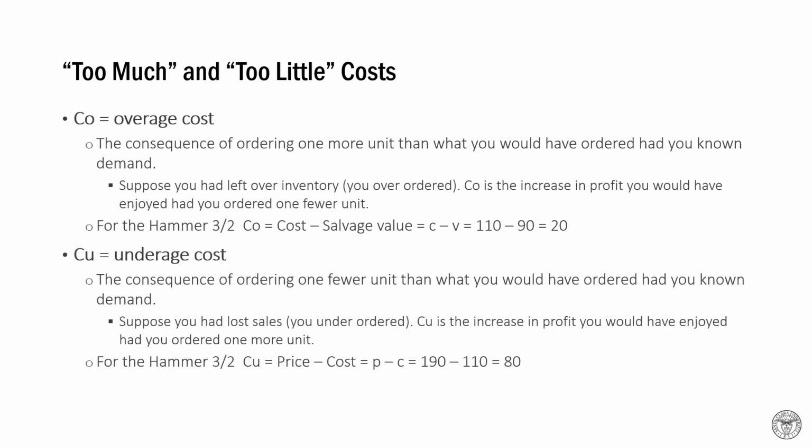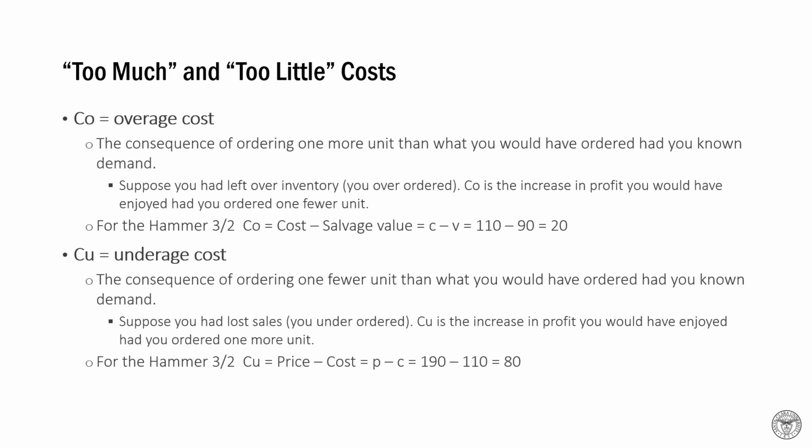On the other hand, underage cost, or CU, refers to the financial consequence of ordering one fewer unit than what would have been ordered if the demand was known. This is essentially the opportunity cost you incur when you lose sales because of underordering.